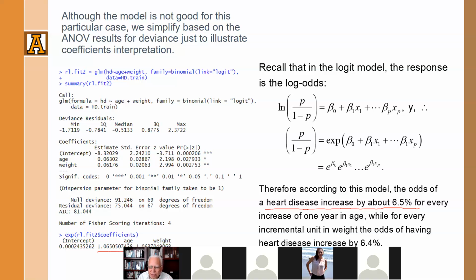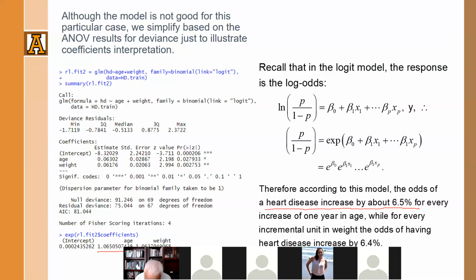So the odds of having a heart disease increase by 6.5% for every unit of age that's increased. If age is in years, for every year that I increase in age, the odds of having a heart disease are increased by 6.5%. And that will be the interpretation.